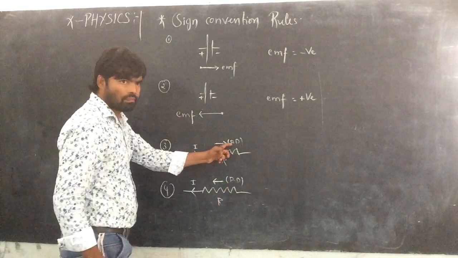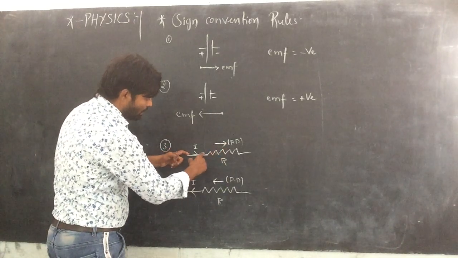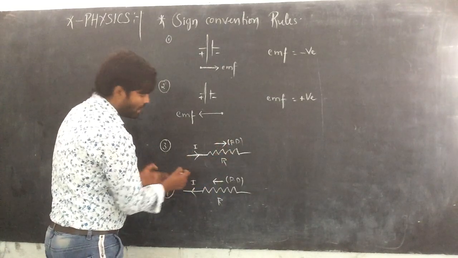If you observe this potential difference, here the current is flowing in the same direction, and here also it is flowing in the same direction.